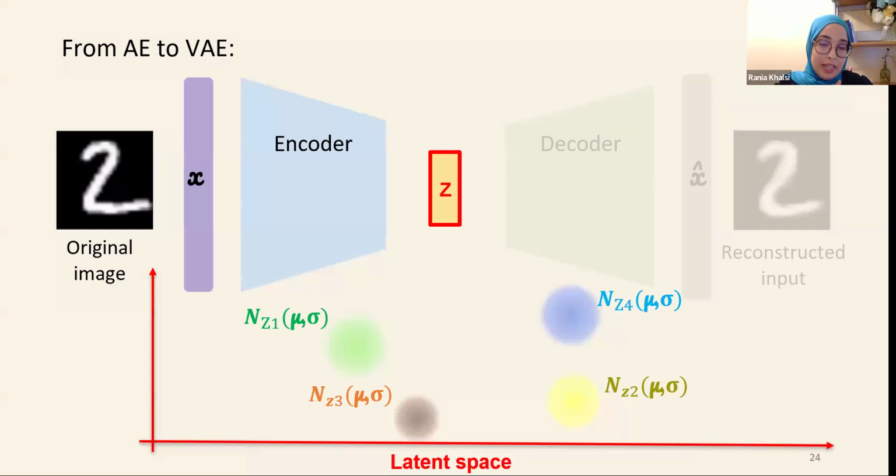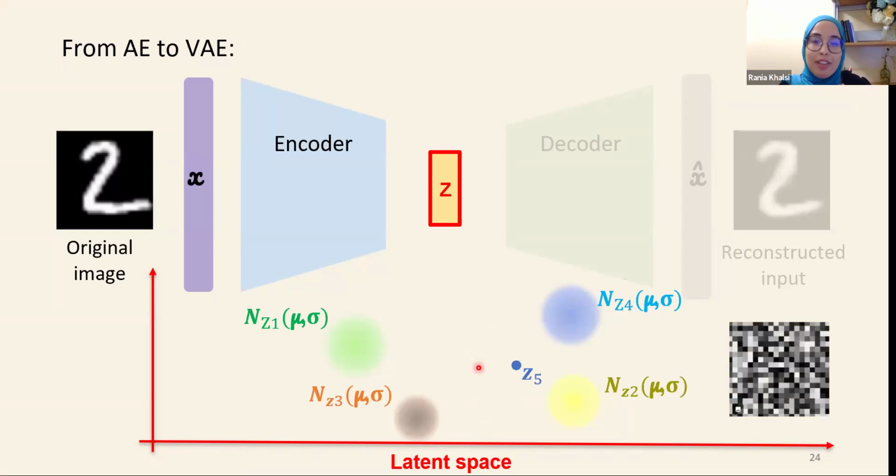As you can see, there is still a problem. The latent space is still fragmented. We still have these four parts kind of isolated, so we have isolated clusters with empty regions between them. If we randomly sample and take any point from here, like Z5 again, we can end up with a garbage reconstruction.